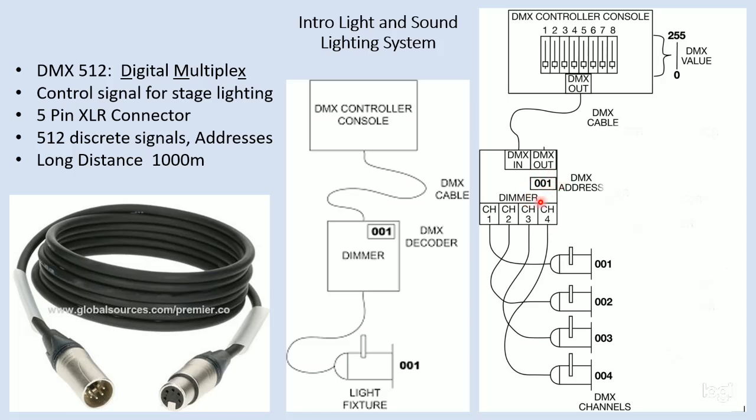If I set its starting address to 1, it will presume that dimmer number 2 is going to listen to the second address. Dimmer number 3 will listen to the third address, and dimmer number 4 will listen to the fourth address. It is very uncommon that you can alter that. The starting address will assume all additional addresses within a device. So let's go ahead and step up a little bit.